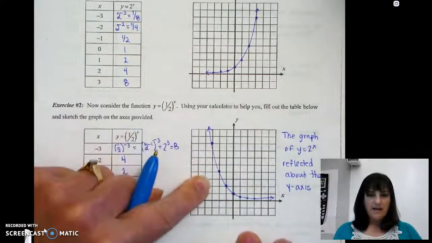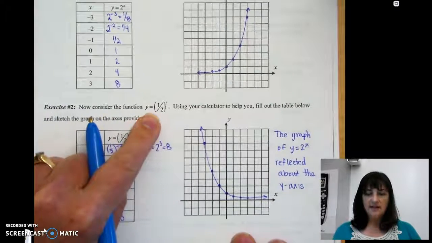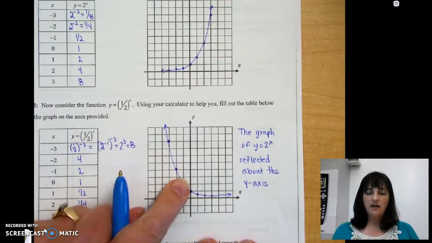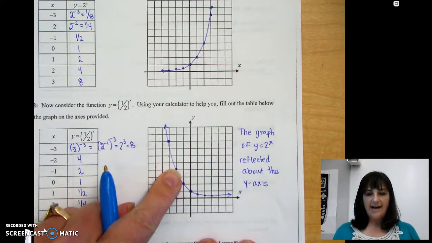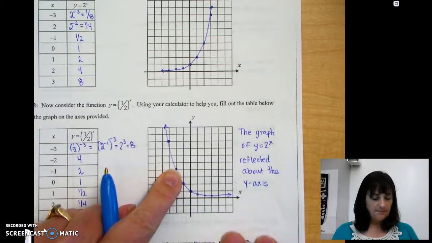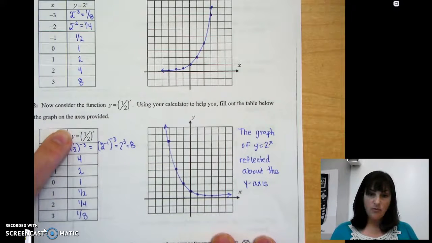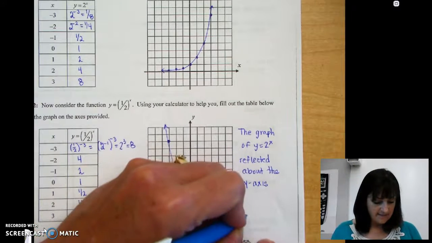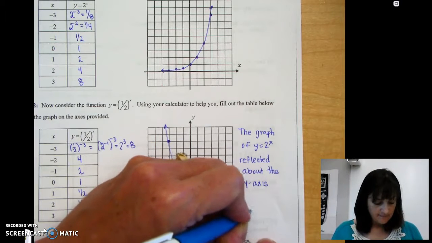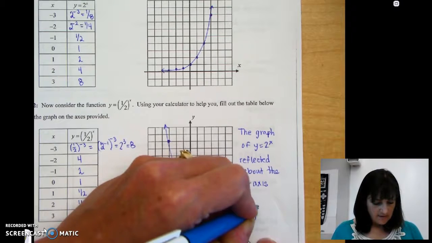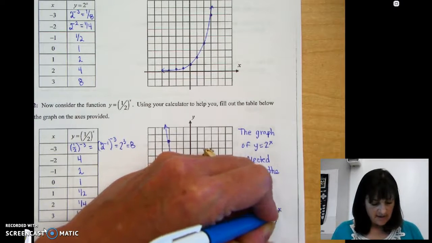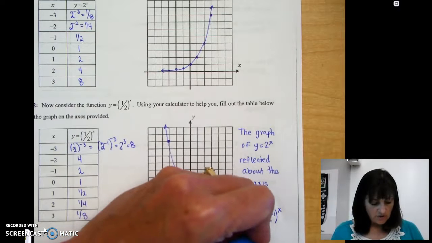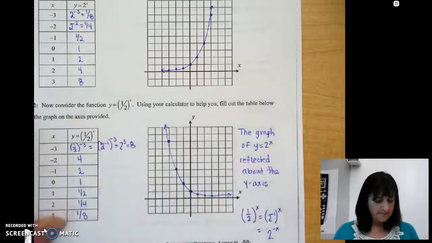So the graph of y equals 1/2 to the x is a reflection of the graph of y equals 2 to the x about the y-axis. We can actually prove that that's true if we think about rewriting 1/2 to the x as 2 to the negative 1 to the x, which is 2 to the negative x.